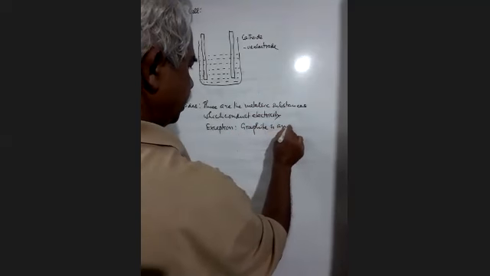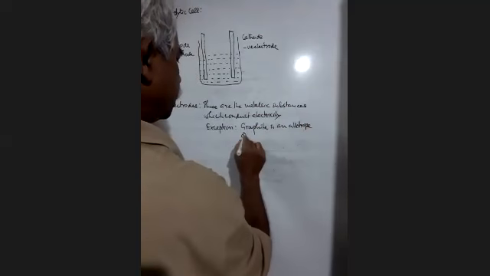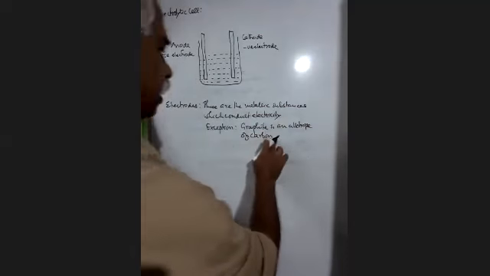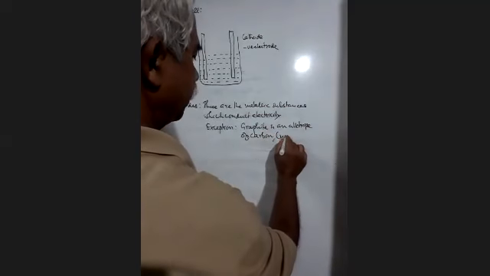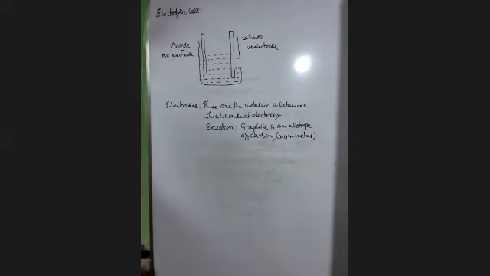Graphite is an allotrope of carbon. Carbon means what? Non-metal. But it also conducts electricity.